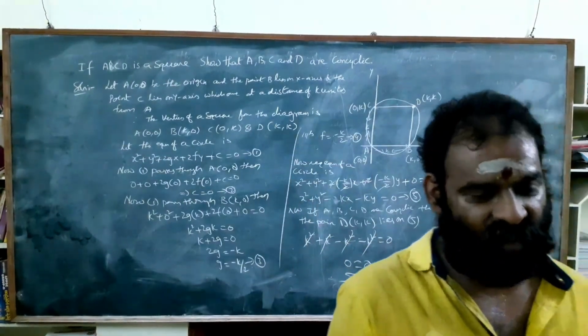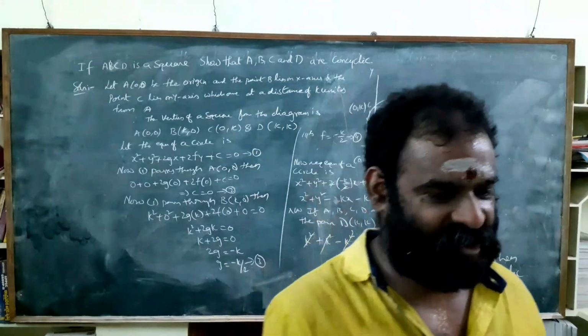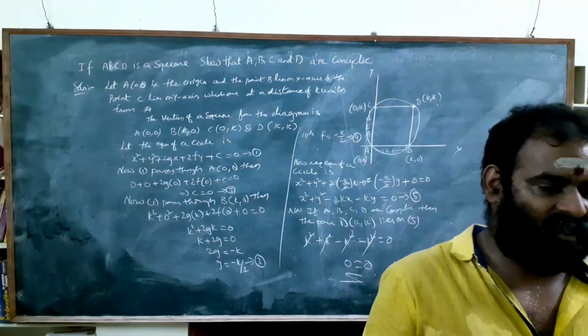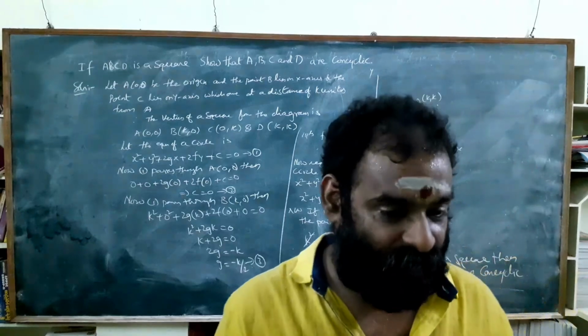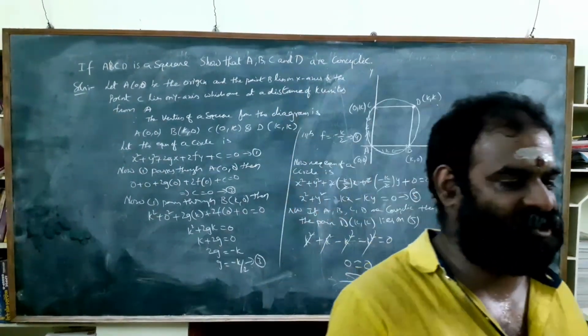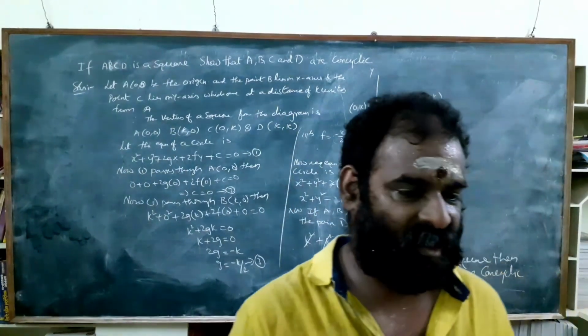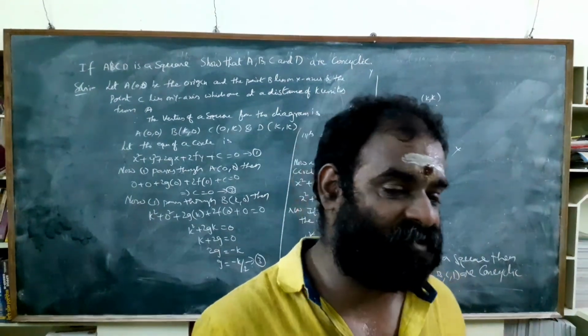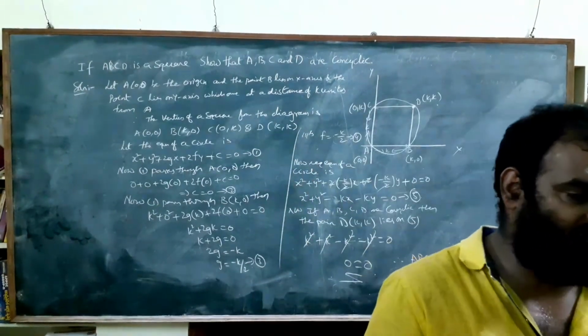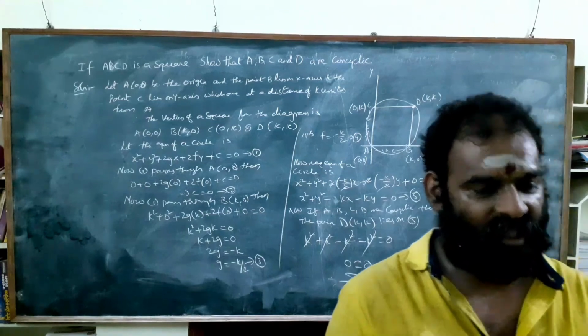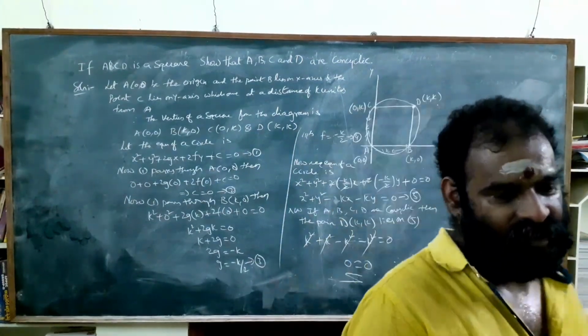What is a tangent, what is a chord, what is a secant, what are the notations, what is the length of a tangent, what is the power of a point, and what is the position of a point with respect to the circle. Important concepts like that are there, and those will be discussed in the later classes. Okay, thank you very much.